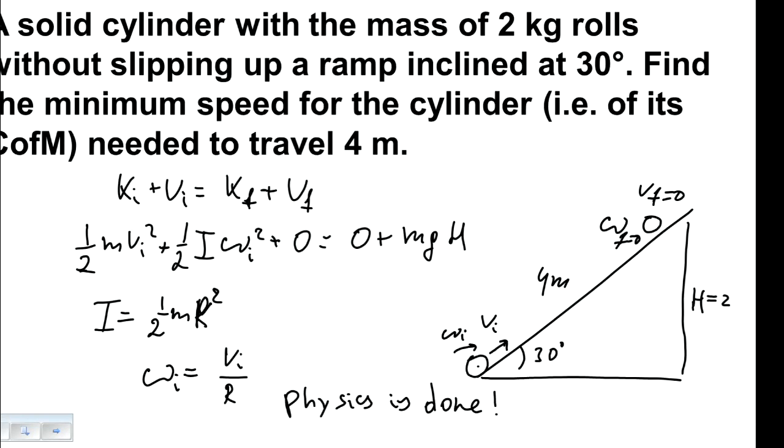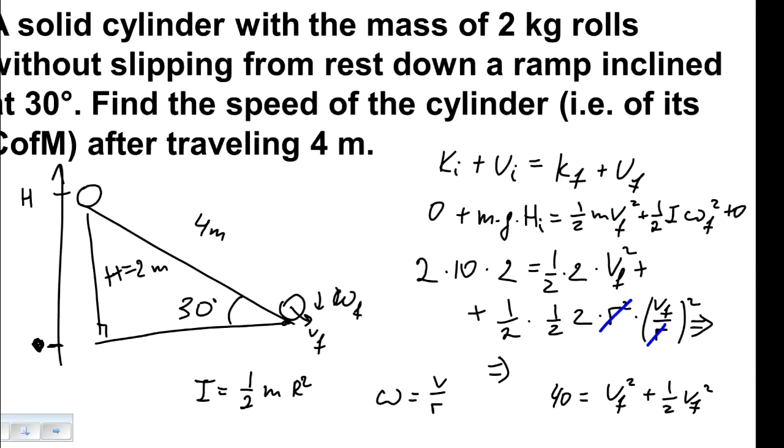In this situation, this is the initial speed, and final speed will be 0. Here, this was the final speed when it starts from rest, and numbers will be the same. That's it. Different type of speed, same number.